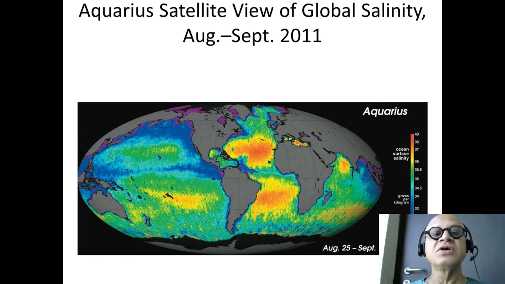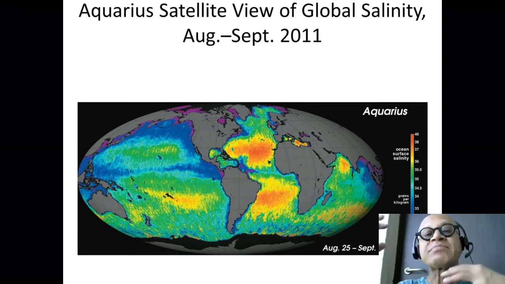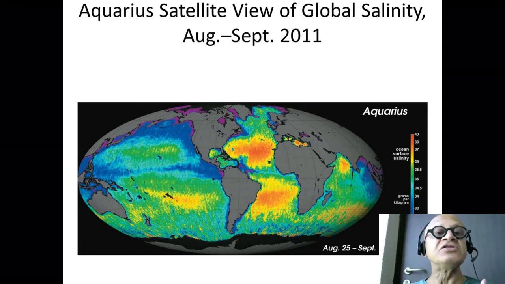So this is a quick view of how atmospheric circulation and ocean evaporation together are producing these large-scale salinity patterns.